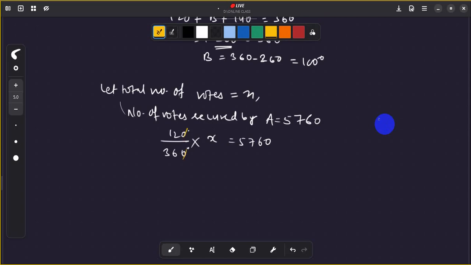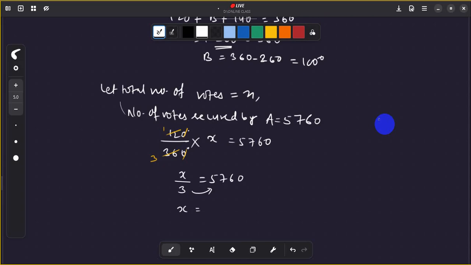If so, then we can cancel it. The 0 cancels 0, 12 1s are 12, 12 3s are 36. Now we got 1 times x, which is x over 3 equals 5760. Now this 3 will go up and multiply with 5760.